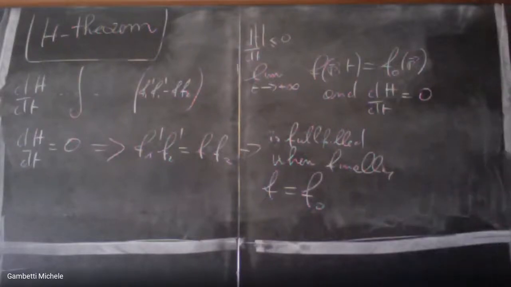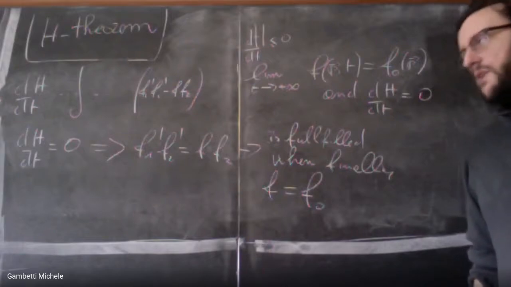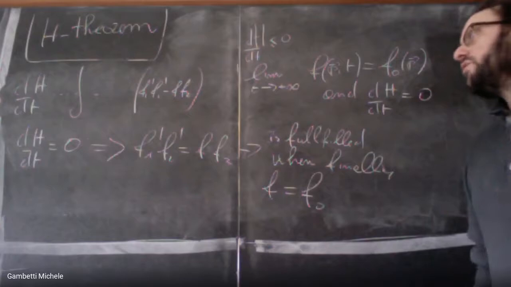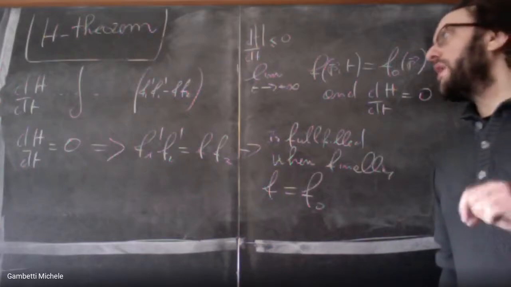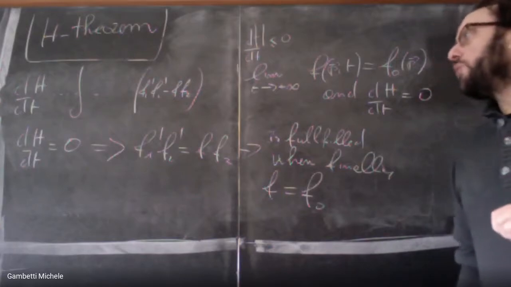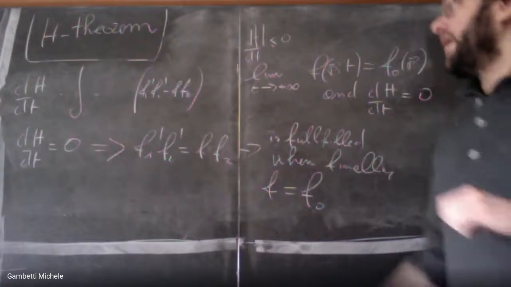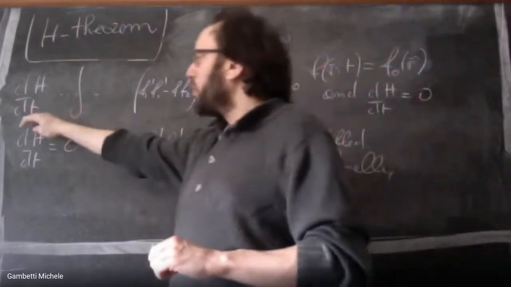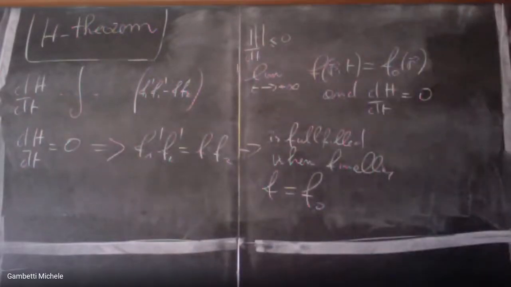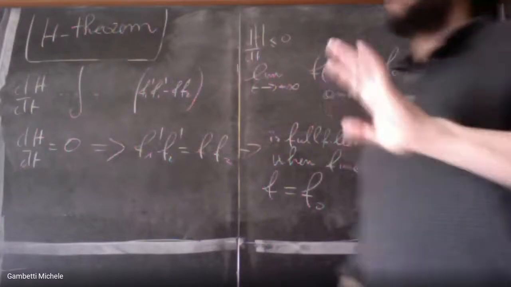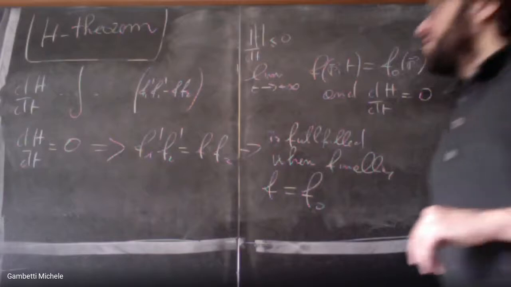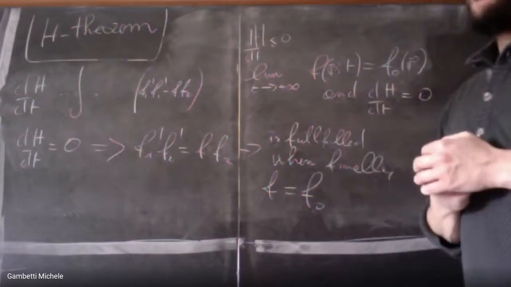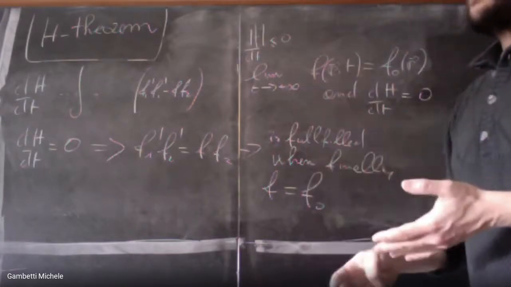Well, actually, one has to say that this theorem is also statistical, in the sense that if you do a microscopic simulation with a computer and compute this quantity H and the derivative of H, you will not see a monotonous decrease of H. You can have some fluctuation, in which H can fluctuate and be also positive. But actually, the overall behavior is really decreasing as a function of time.